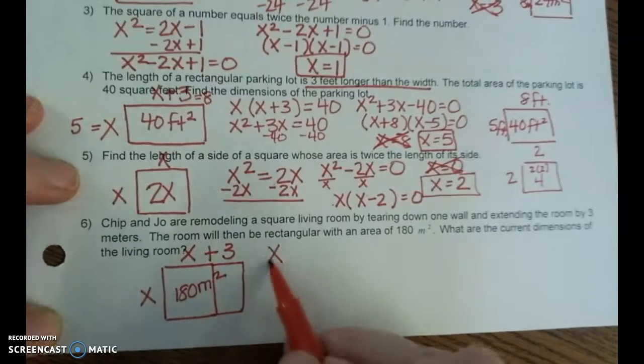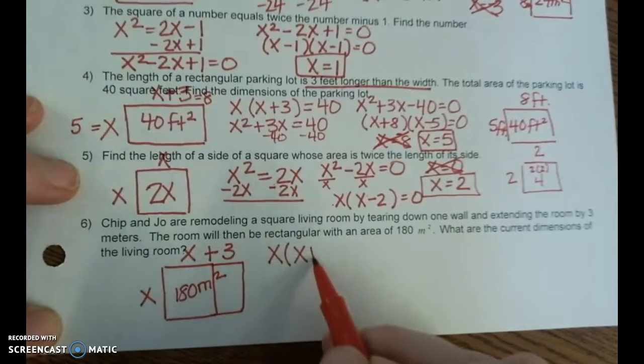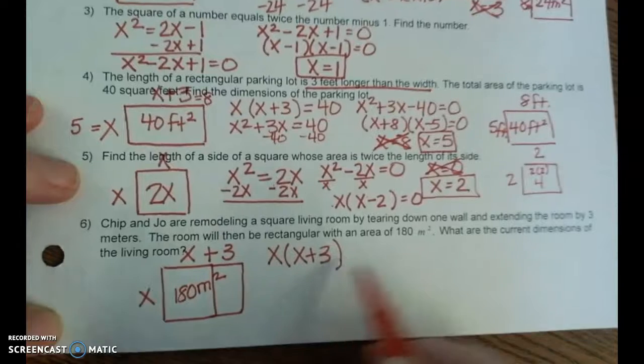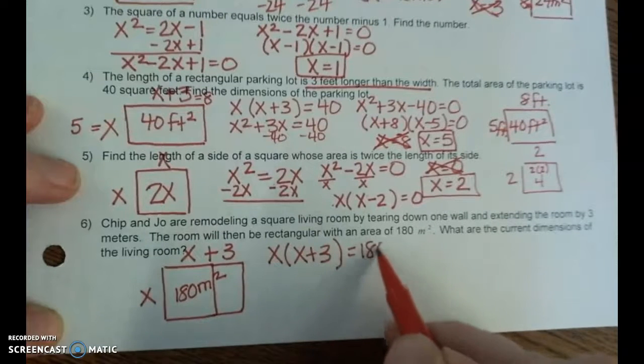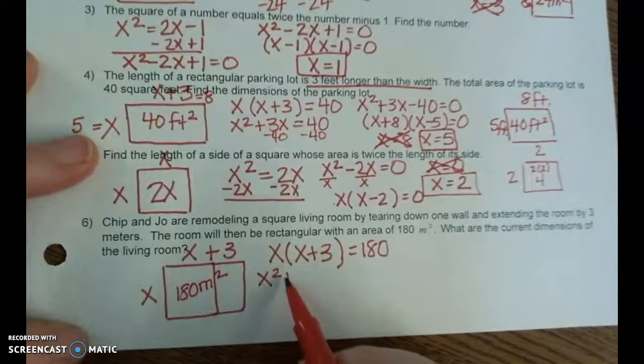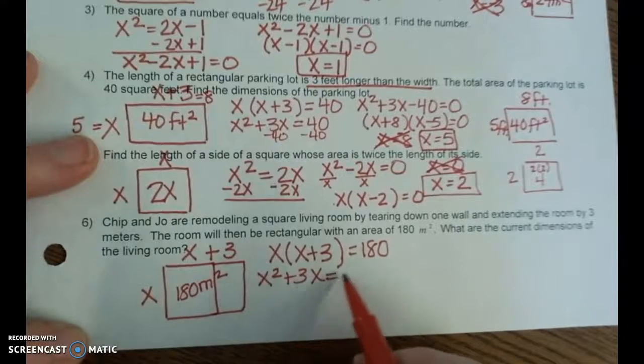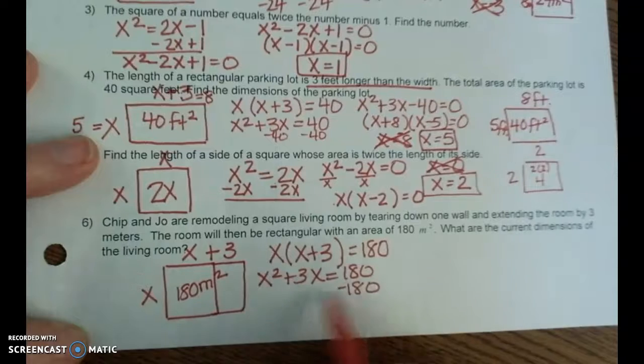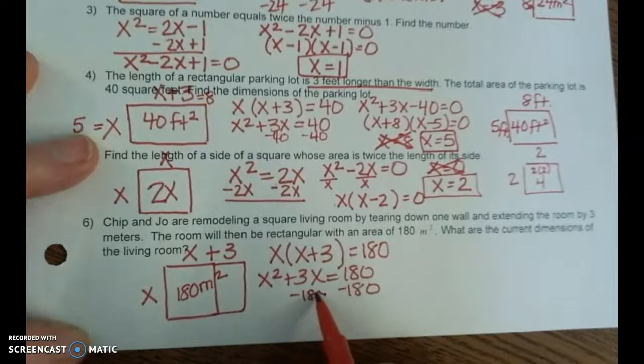So just like above, length times width equals area. Okay, so distribute, we got x squared plus 3x equals 180, but it needs to equal 0, so we're going to move the 180 back to the other side.